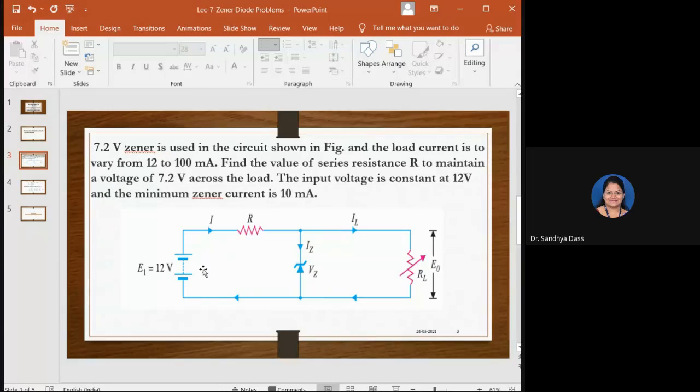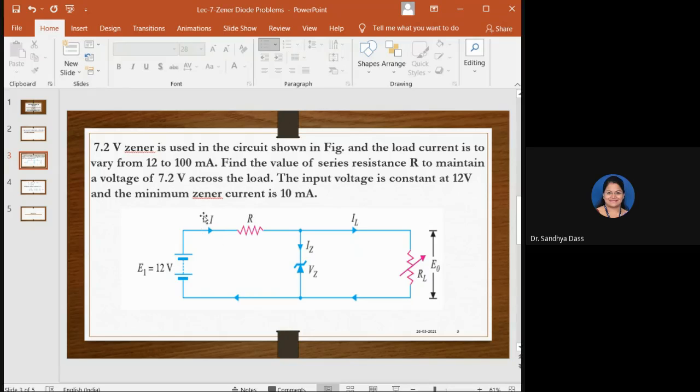Is it minus E1 plus I into R plus Vz is equal to 0? Please note down. When we apply KVL, minus E1 plus I into R plus Vz is equal to 0. In that, there are two unknown terms, I and R. We don't know I also. Can we substitute I there with KCL?